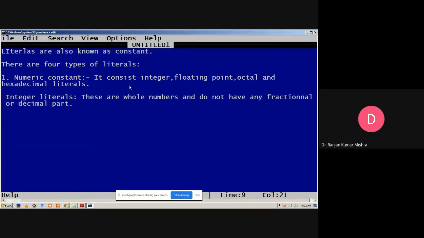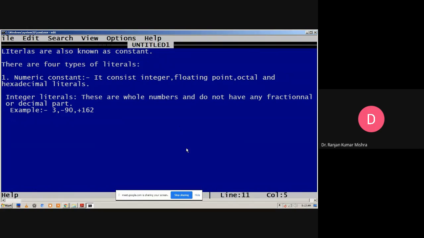Now we can see examples of integer literals: for example 3, minus 90, plus 162. These are integer literals. Now we discuss the floating point literals. What is a floating point literal?